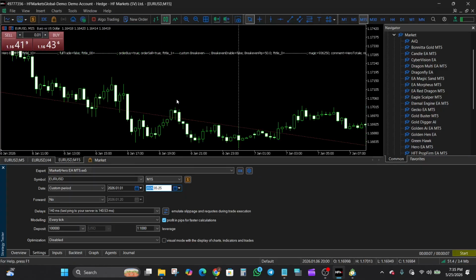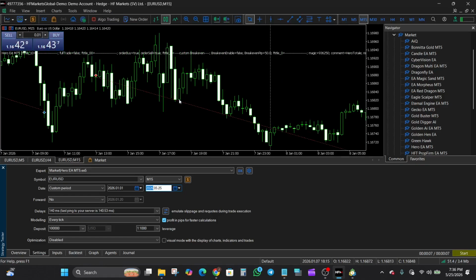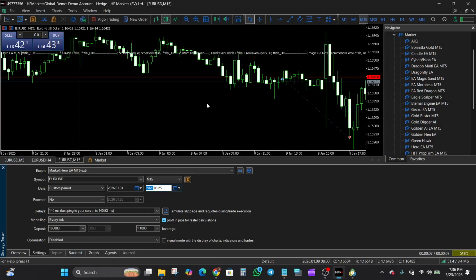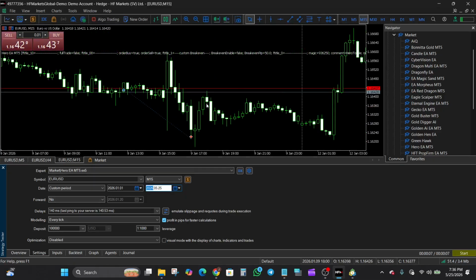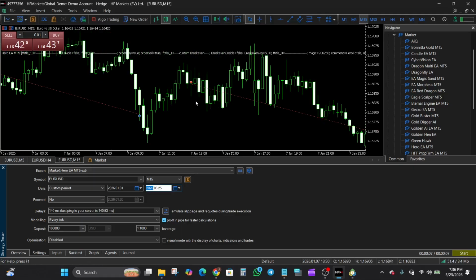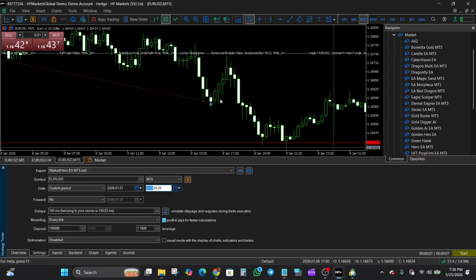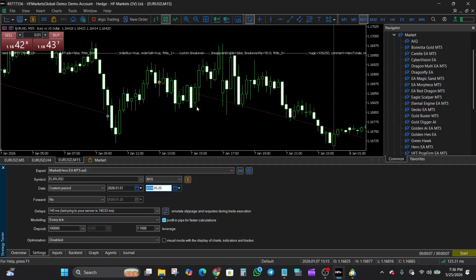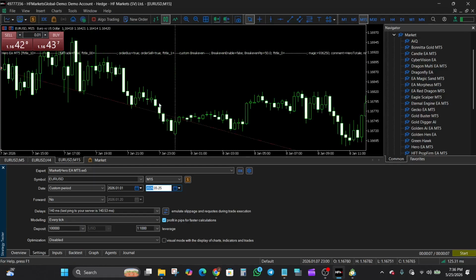From what I can see here, this EA seems to be capturing perhaps mid-term movement, but still sort of intraday movement. Although not all the trades, right? Because you can see this particular trade was executed this day and it was closed the next day, right? But it spans several hours, a good number of hours, and there is notable spacing between the trades.